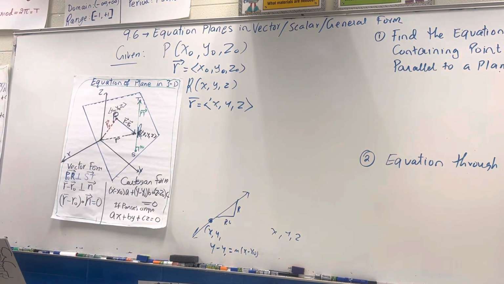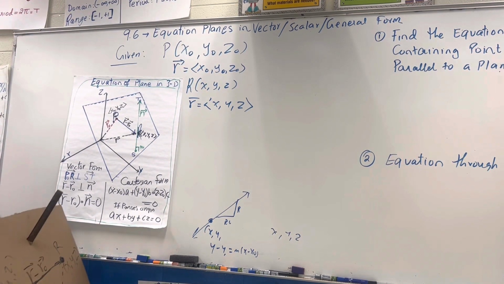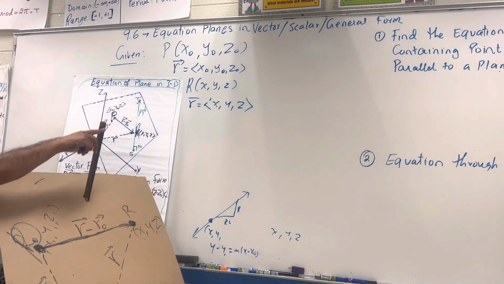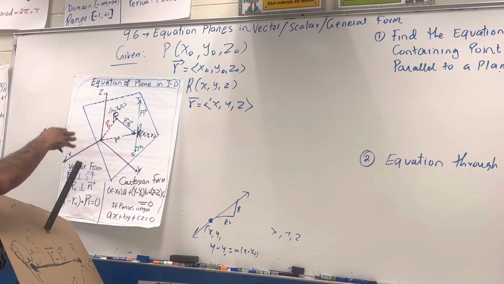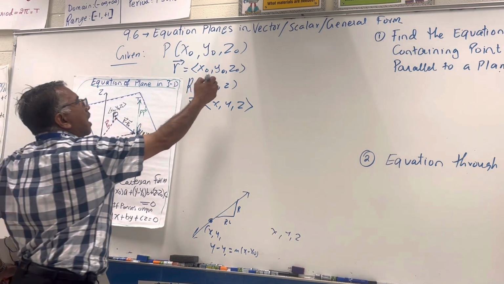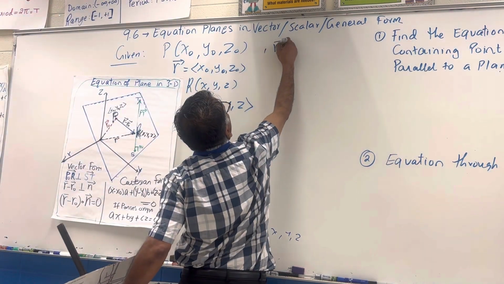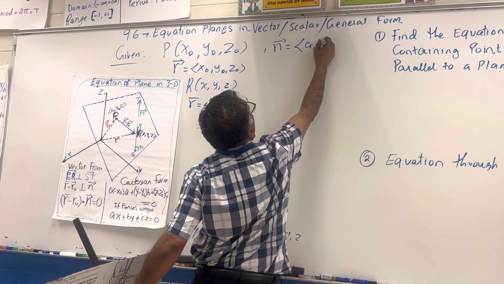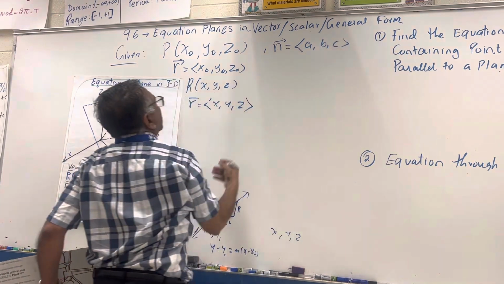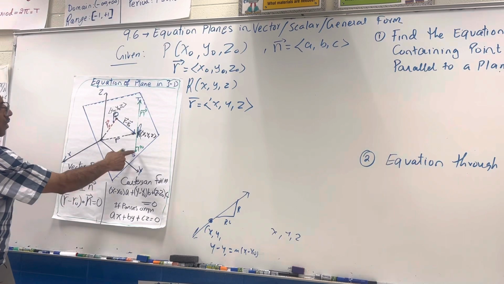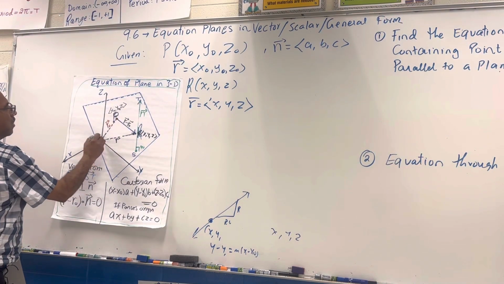Okay, so now there's a green vector. This is like r bar, and I'm going to write down the normal. Let n represent the normal vector with the components a, b, c. I can draw this green one right here.